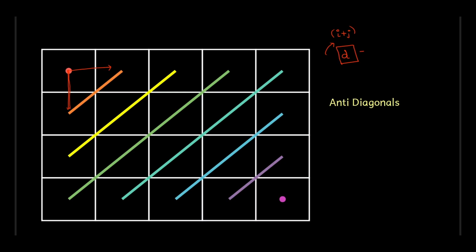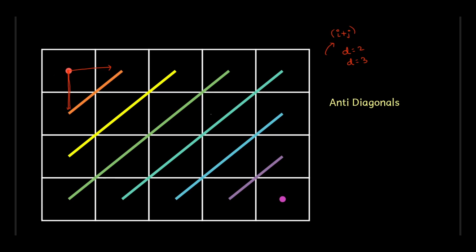So let's say D is equal to 0 or D is equal to, here the first antidiagonal has 1 comma 1, so that will be D is equal to 2. The second antidiagonal has 2 comma 1, so that will be D is equal to 3. So you can see that each D represents one antidiagonal on this matrix.